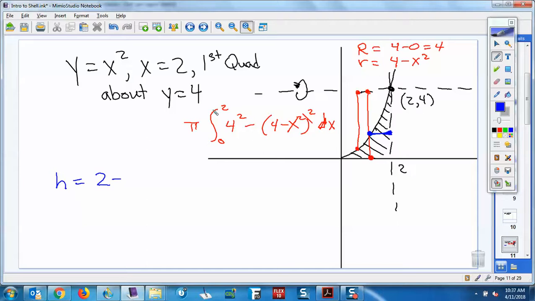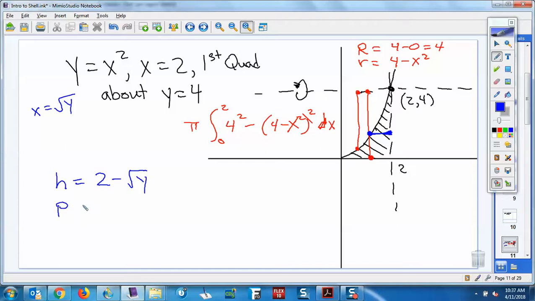What's this x coordinate right here? Square root of y. We have to do the square root, and plus or minus, but the plus would be the right half, and that's what we have. So 2 minus square root of y. Remember, H is our strip in the region, it's always in the region.